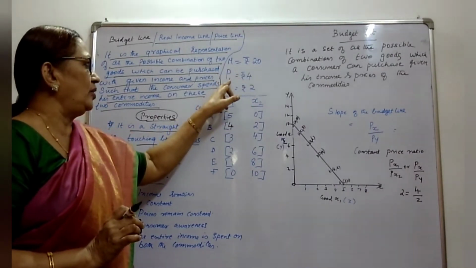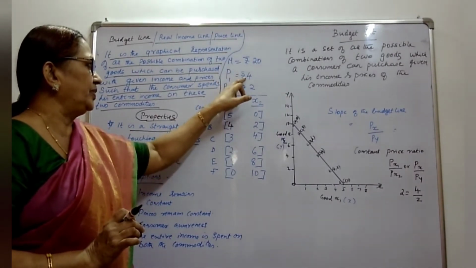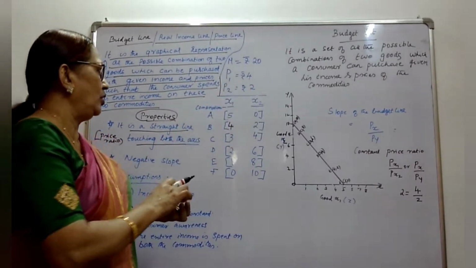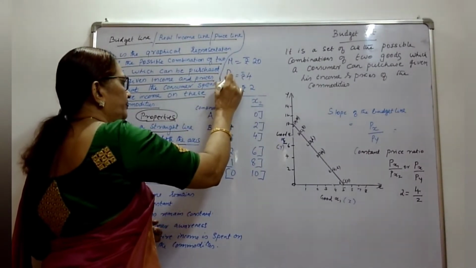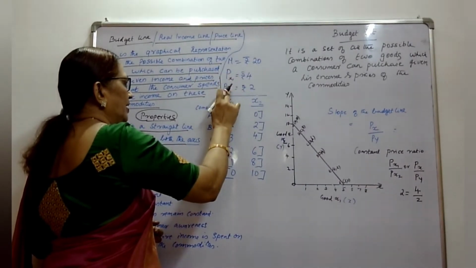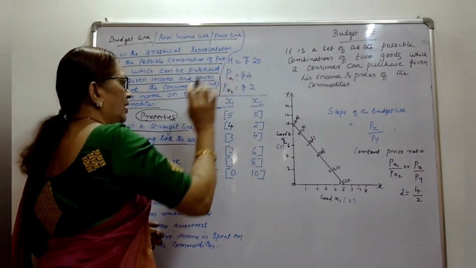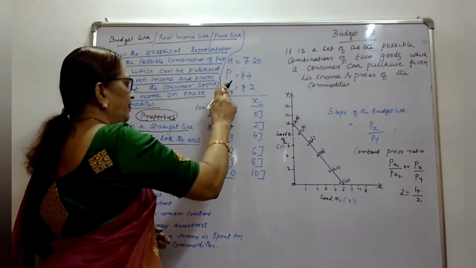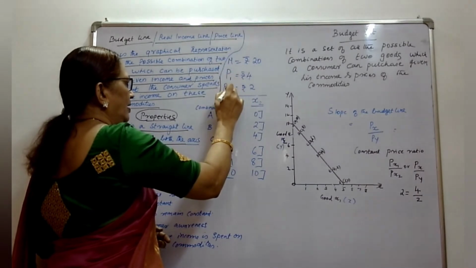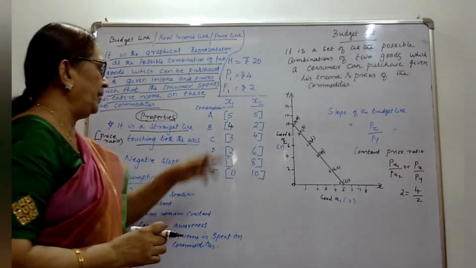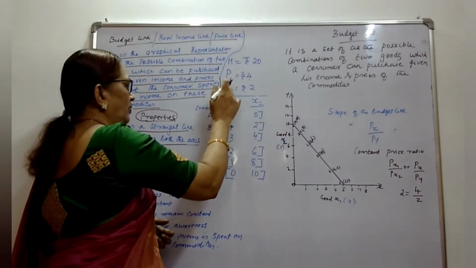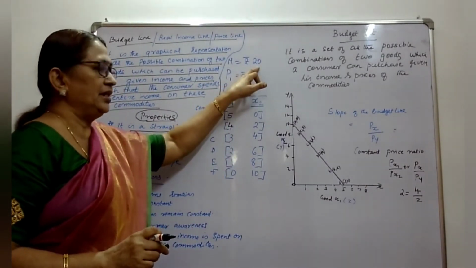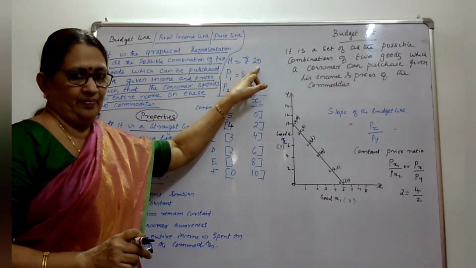Imagine the price of the first commodity X1 is 4 rupees and the price of the second commodity X2 is 2 rupees. For convenience I am writing P1 as 4 rupees and P2 as 2 rupees. He cannot purchase more than his income.